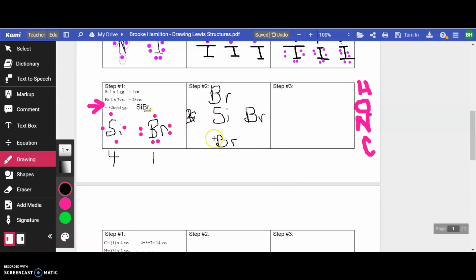And now we're going to give these shared electrons here in our skeleton structure. So silicon's going to share 4, so all of its valence, whereas bromine is just going to share 1. So for each of the bromine, we're going to go around and give them 1 of their valence to share, and silicon, we're going to give 4.